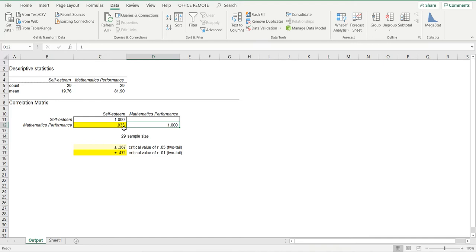If you can still remember from your statistics and probability subject last year, if the r value belongs to the range 0.81 to 0.99, that means the relationship between self-esteem and the mathematics performance is a very high positive relationship.